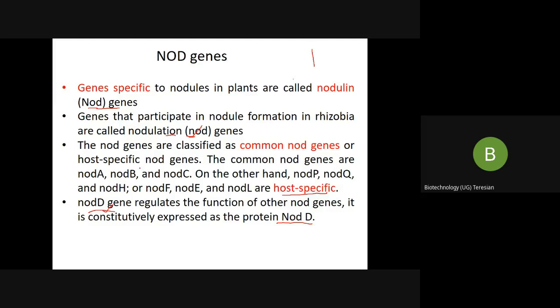Of these, the one most commonly asked in competitive exams is the common nod genes present in your rhizobium, which are nod A, B, and C. And remember, nod D gene regulates the functions of other nod genes. So it is acting as a leader. It sees to it that the functions of the other nod genes are expressed properly. They do their duties properly.